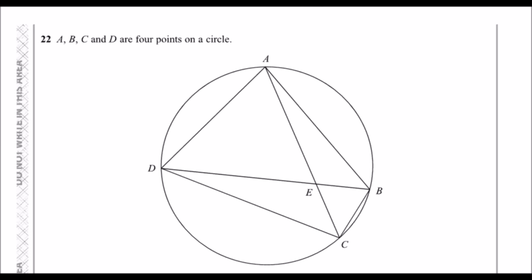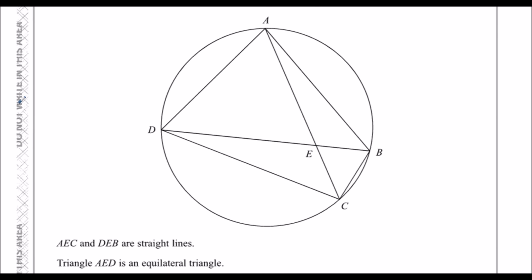Question 22. A, B, C, and D are 4 points on a circle. AEC and DEB are straight lines. Triangle AED is an equilateral triangle. So that means that all the lengths in AED are equal and all the angles are equal, all 60 degrees.